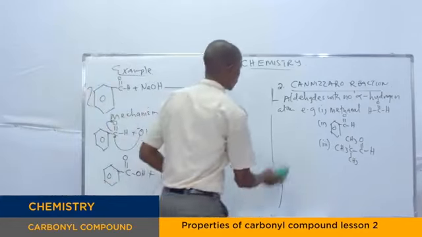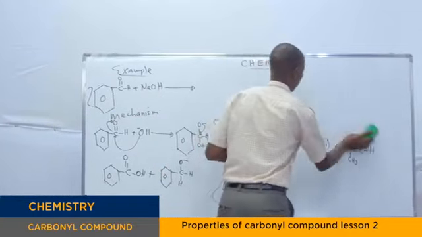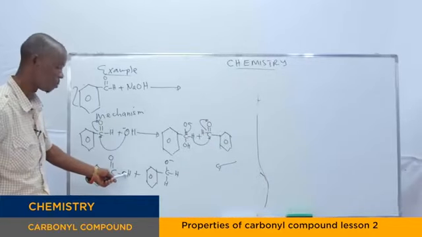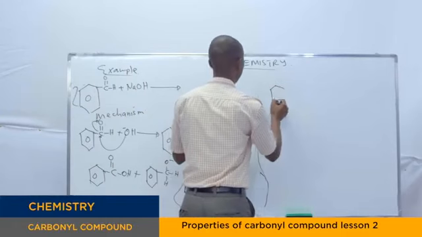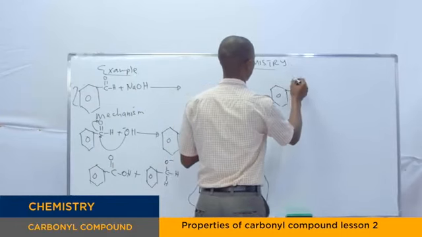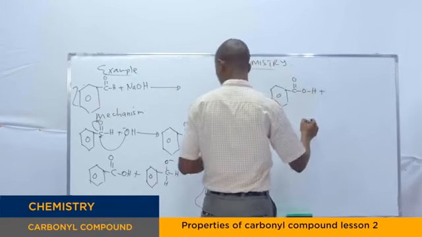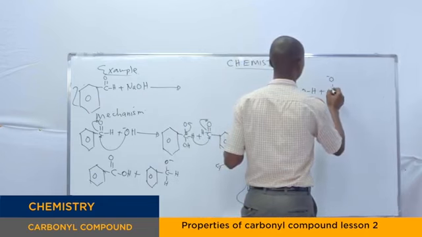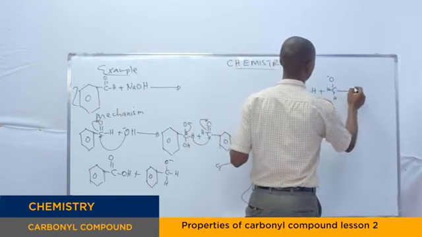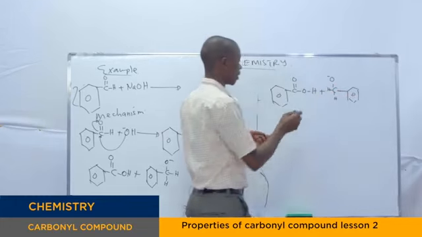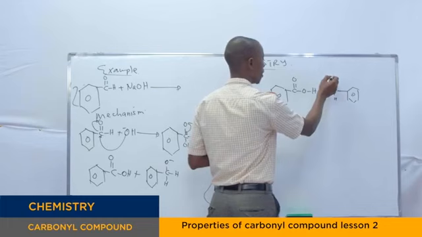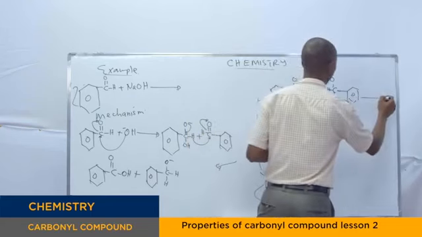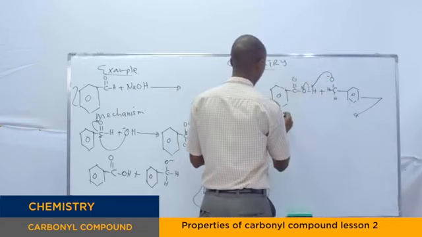Now, because this benzoic acid can release a proton, we can arrange it this way. Now this proton will be released, and this attacks this proton, making the electron move that way. So the final product here, we are going to have this one.